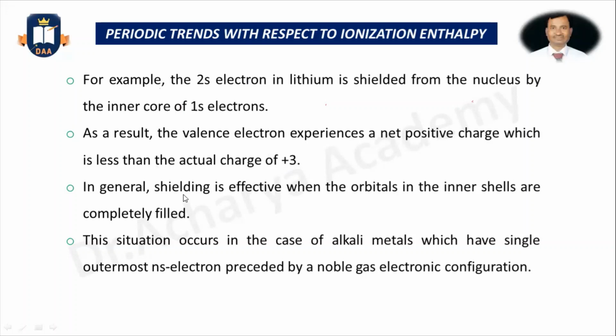In general, shielding is effective when the orbitals in the inner shell are completely filled. This situation occurs in the case of alkali metals, which have a single outermost ns electron preceded by a noble gas electronic configuration.